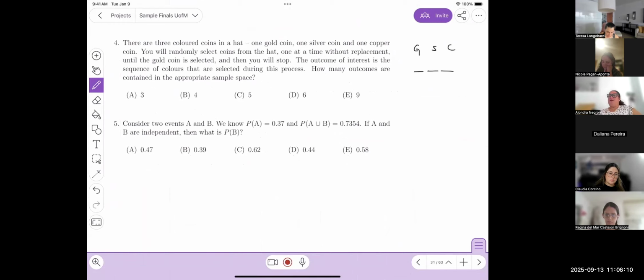Okay, so I'm going to use the same placement idea. There's three you're going to choose, but it says without replacement. So this is different than the gender of the kids, right? Here, whichever one you choose, you can't choose it next time. So in the first choice, you have three options. It could be gold, silver, or copper. How many possible outcomes on the second?